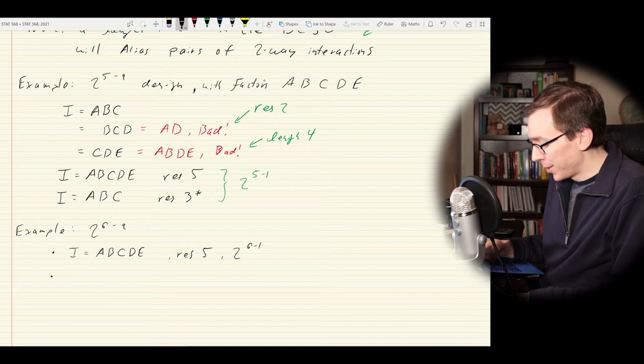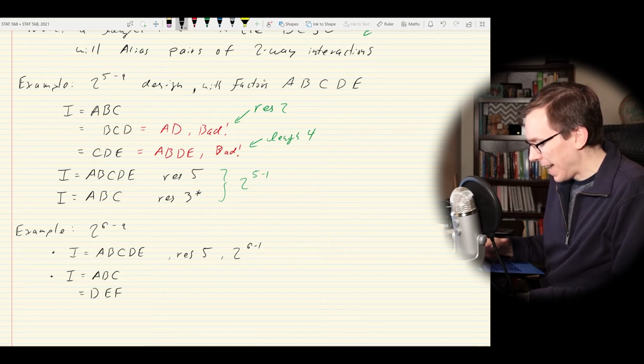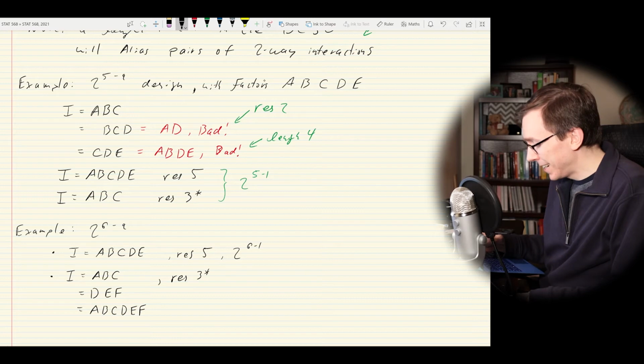But what we could also do is something like ABC equal to DEF, equal to the cross term ABCDEF. And now we have a resolution 3-star design, and this will be a 2 to the 6 minus 2.